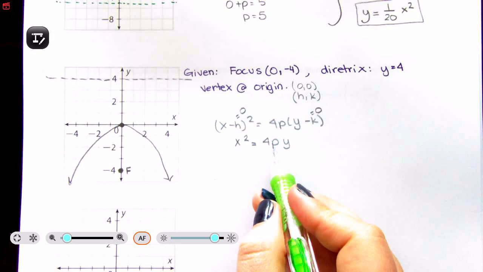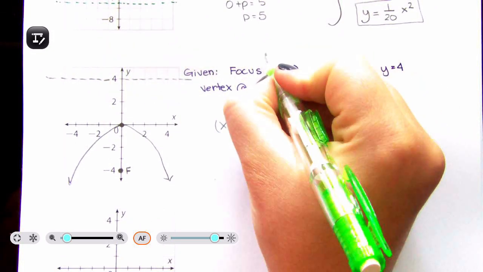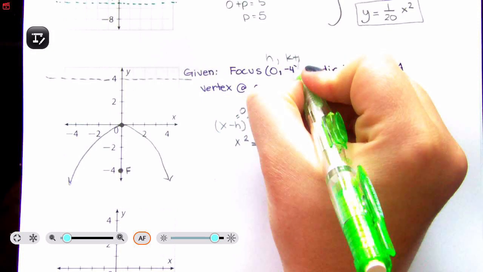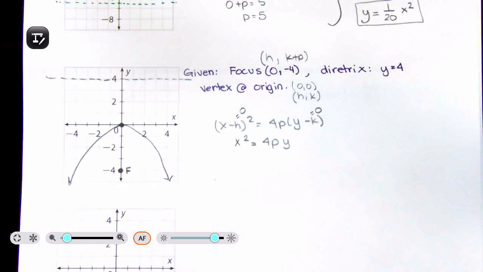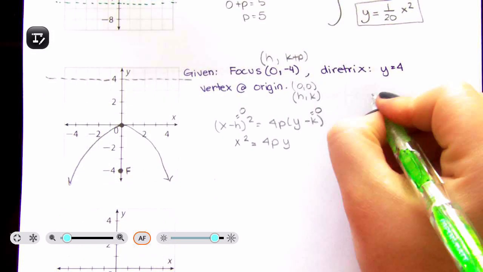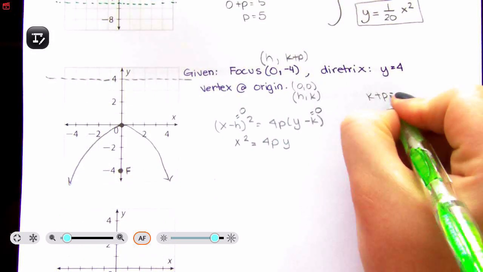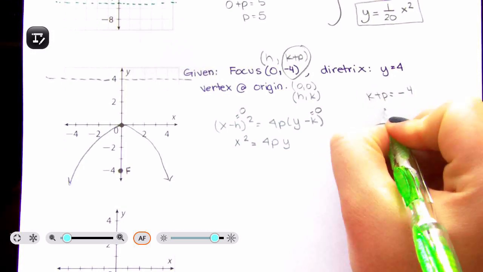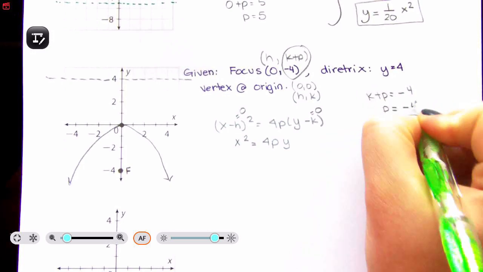And again, we're trying to find our p. Recall that our focus is (h, k plus p) for an upward or downward parabola. Your focus changes if it's left and right. So now I'm going to set k plus p equal to -4. K is 0, so p is equal to -4.